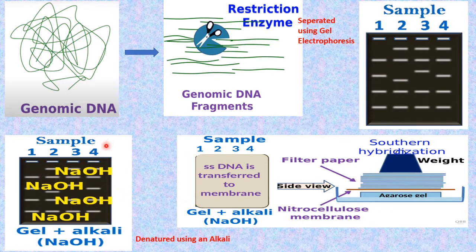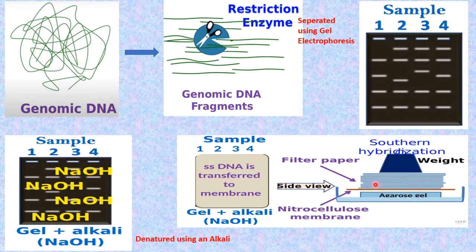So now this gel of ours will be having single stranded DNAs, and these single stranded DNAs are then transferred from this gel to a membrane, and this is done by another technique, that is the southern hybridization technique.